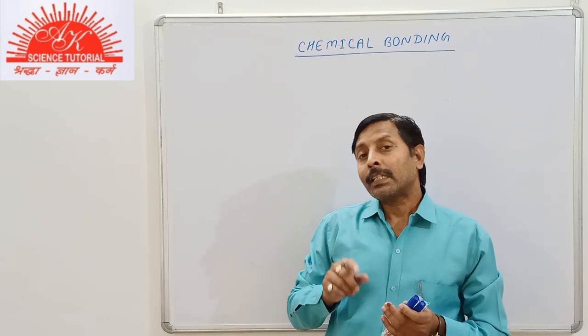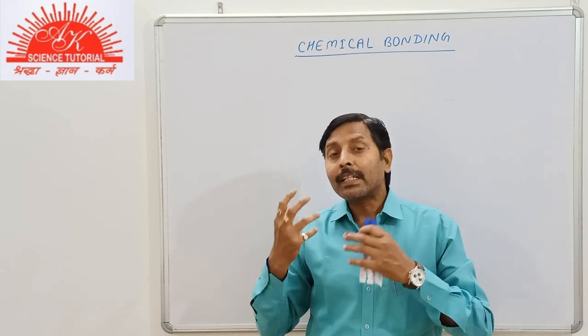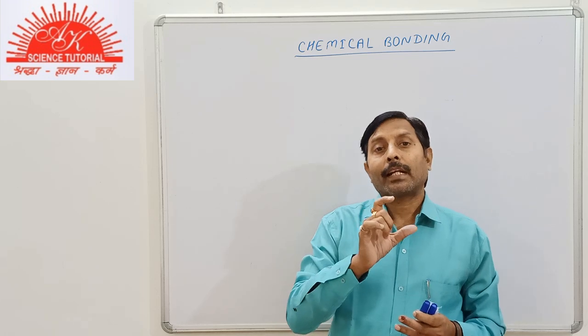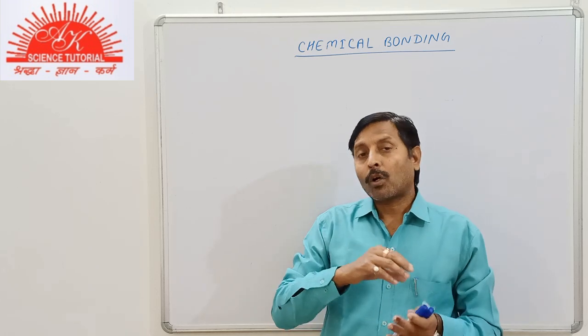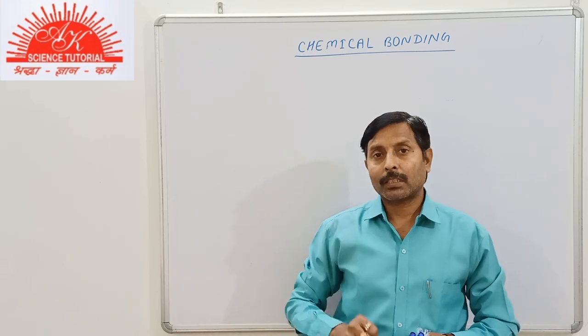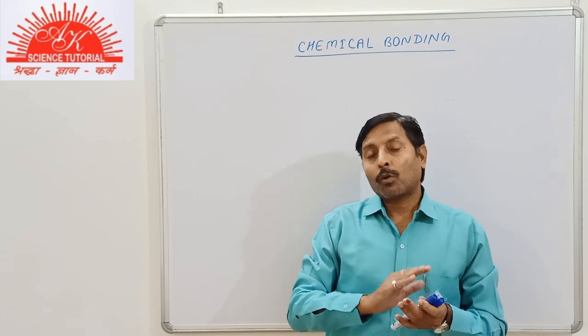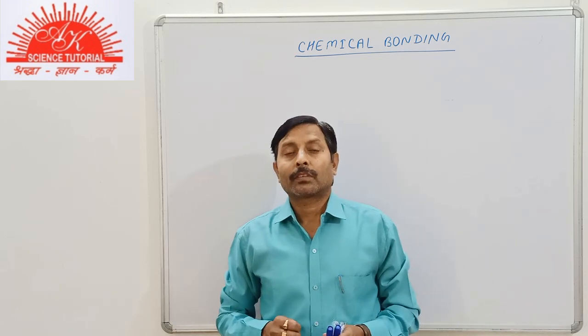This chapter is essential because it has two main types of chemical bonds, that is ionic bond and covalent bond. The topic of ionic bond will be helpful in studying metals and nonmetals. The covalent bond will help you in organic chemistry.